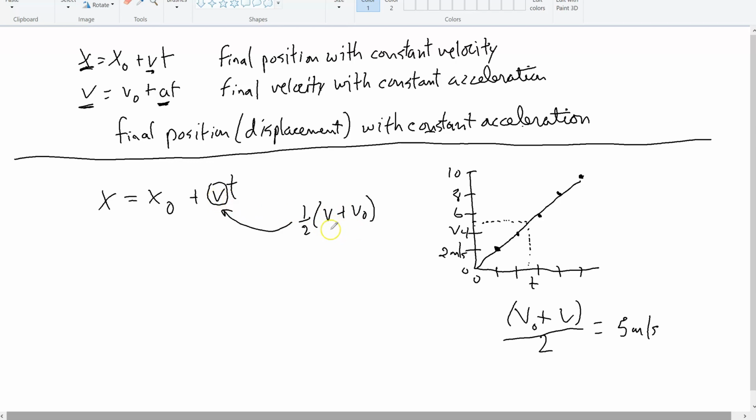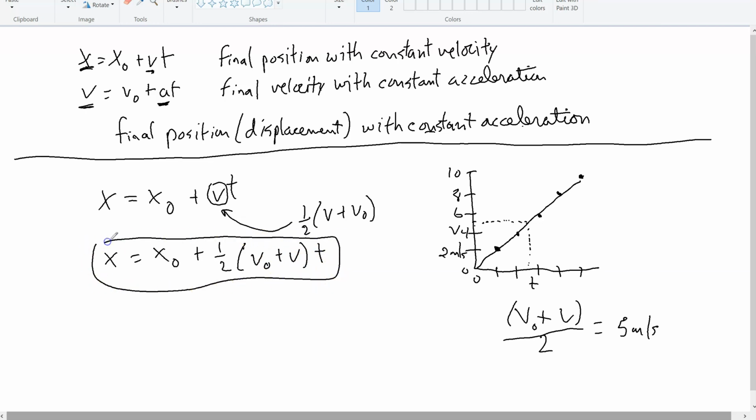Okay, so this is my average velocity, and I'm going to pretend that this average velocity is a constant velocity. And so all I have to do then is substitute this in here, and I'm going to get x equals x0 plus 1/2 times (v0 plus v) times time. And this is going to give me my final position if I know my initial and final velocity.